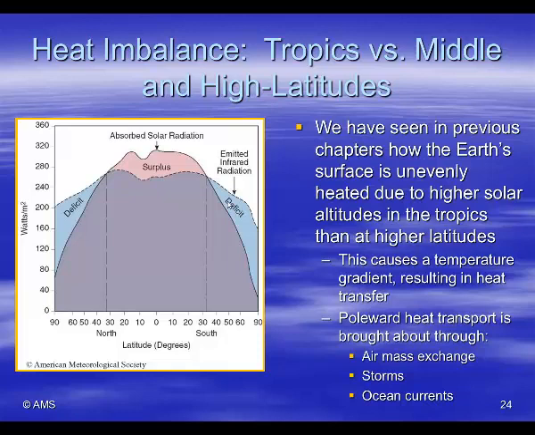The heat transfer moves from hot air to cold air, so it moves from the equator towards the poles. This is brought about through air mass exchange, storms, and ocean currents. So all that really hot air and all that heat that's been absorbed at the equator will travel poleward where the temperature is cold.